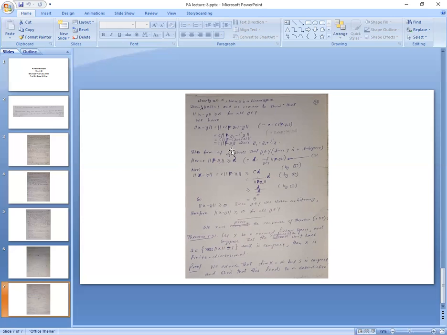What is this Y1? This Y1 is equal to Y naught plus C inverse Y.